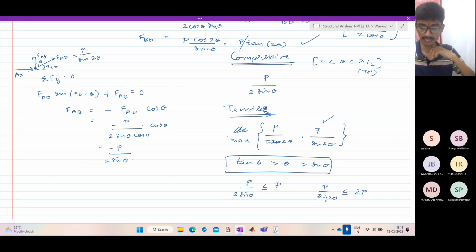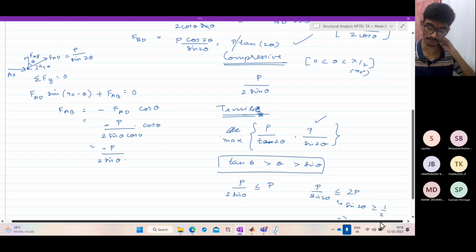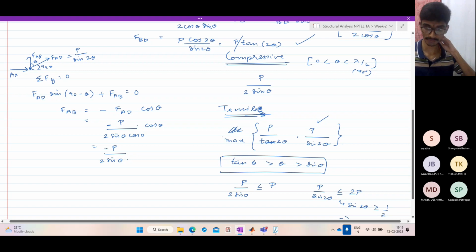So when is sine 2 theta... you take it this side, you bring this side, sine 2 theta is greater than or equal to 1 by 2. That happens when theta is greater than or equal to 15 degrees.